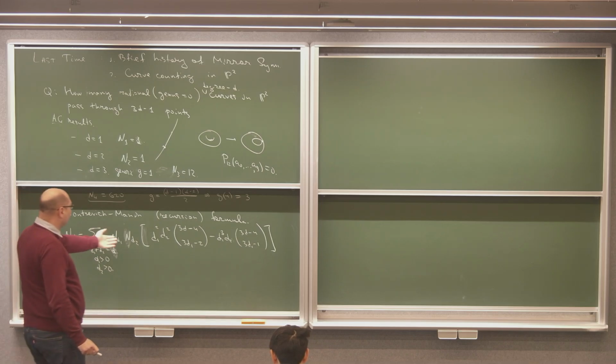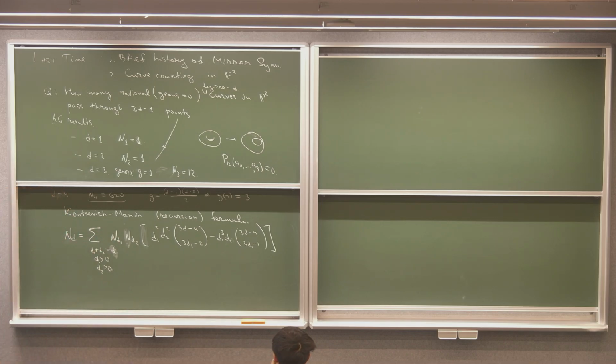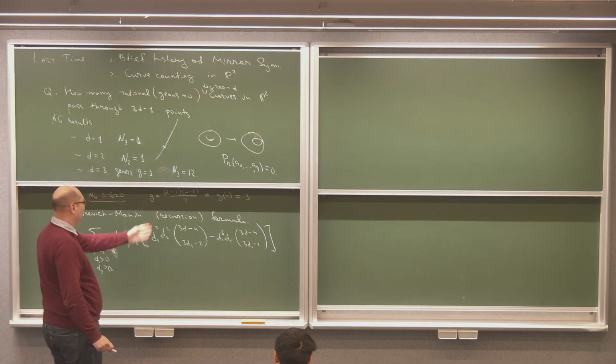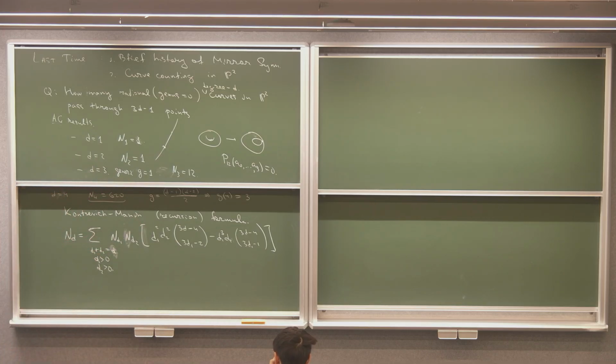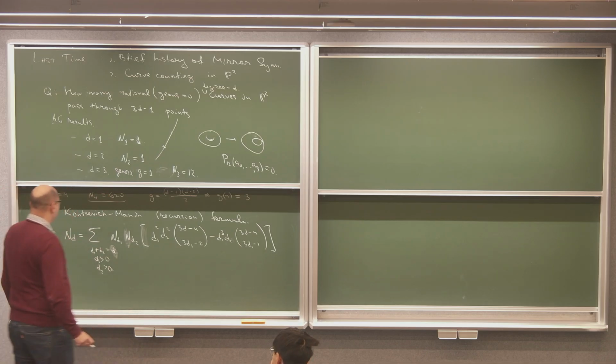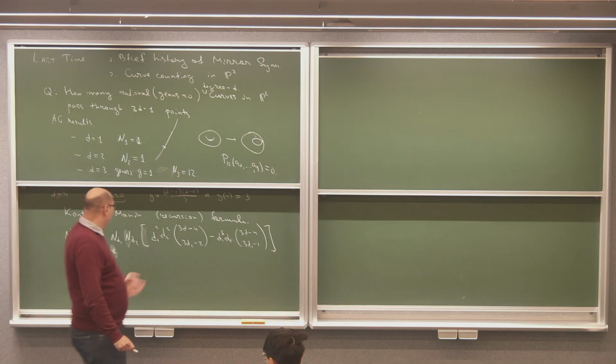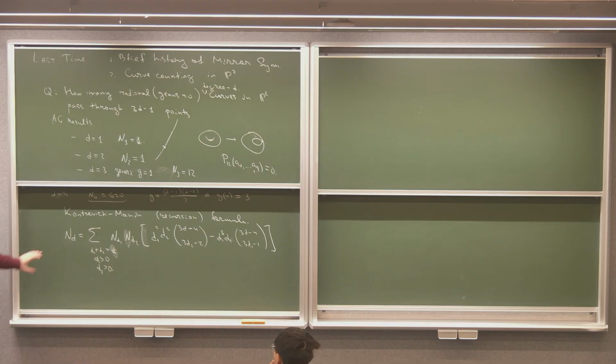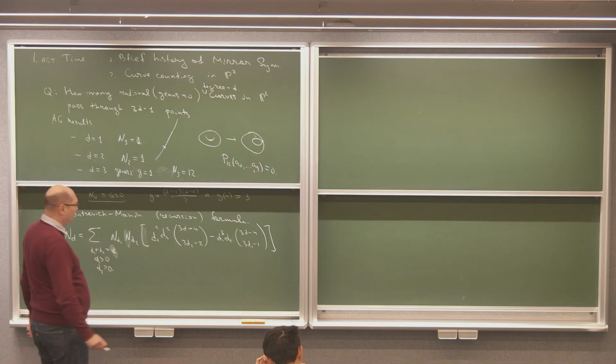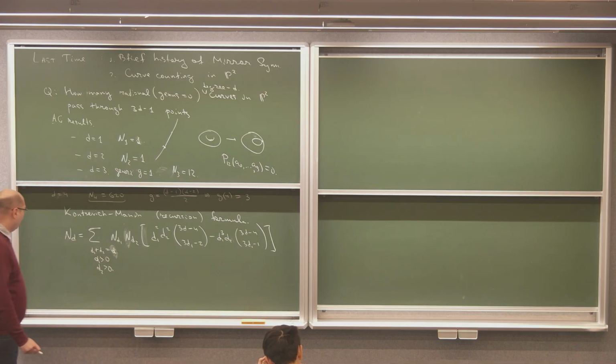To compute N4, we plug in the numbers that we know, N1, N2, and N3, and if we perform this summation we get the next number N4. Generally these numbers grow exponentially with d. Our goal was to understand how Kontsevich and Manin got this formula.